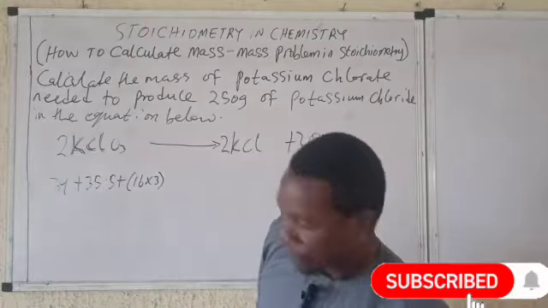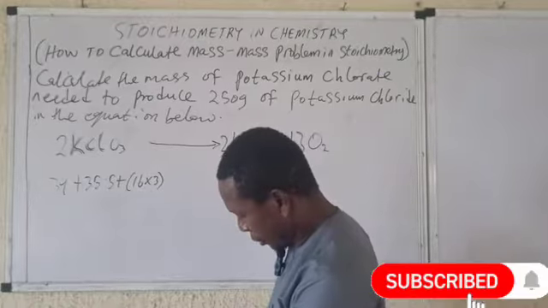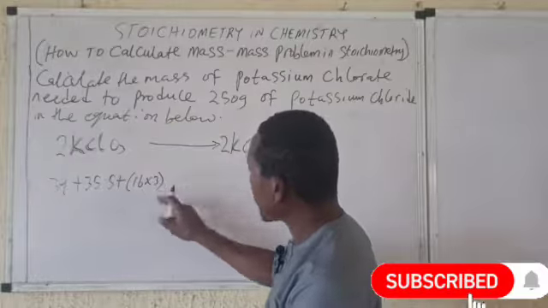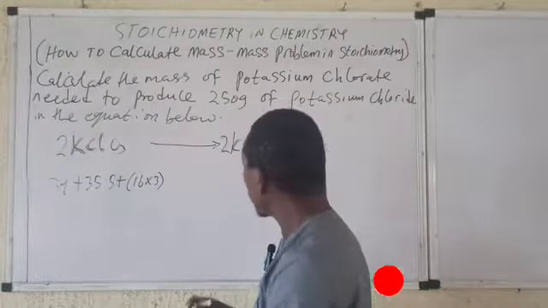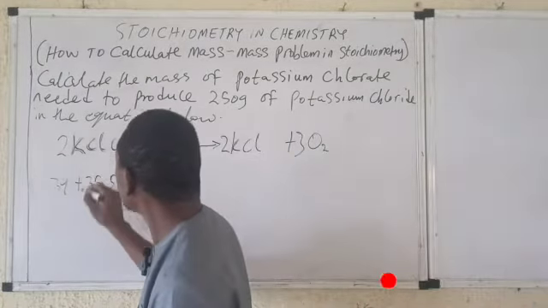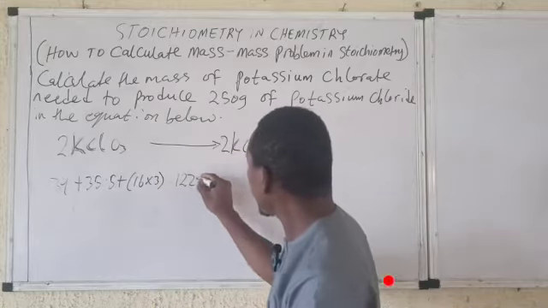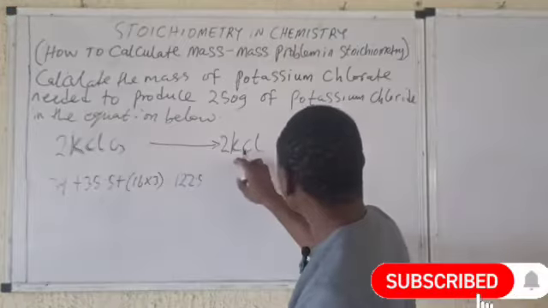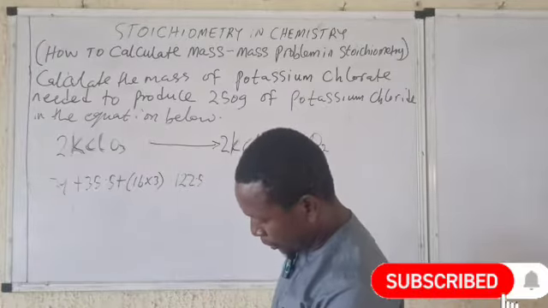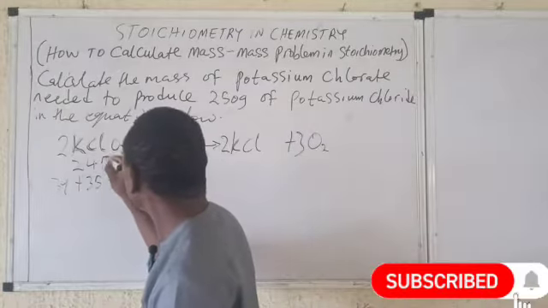So if you apply your calculator, 39 plus 35.5 plus 48, our answer here is 122.5. Since this is 122.5, you multiply it by 2. So the mass here is 245.